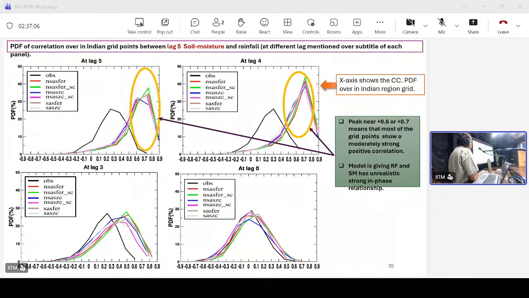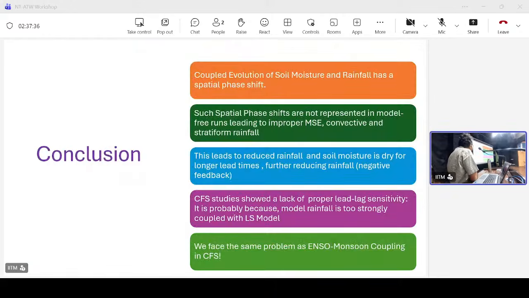You will find that all have a much stronger correlation compared to the observation. As the director was saying in the first lecture this morning, they are much more overconfident. They are much more coupled at the previous lag. At the current lag the relationship is simulated properly, but at the earlier lag it is not correct. So we can say that the coupled evolution of rainfall and soil moisture has a spatial shift.